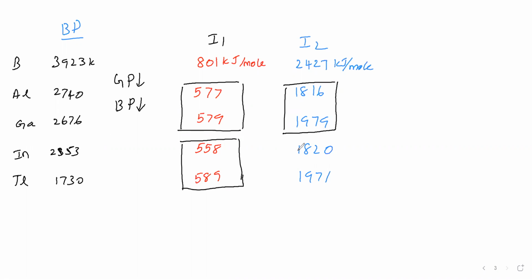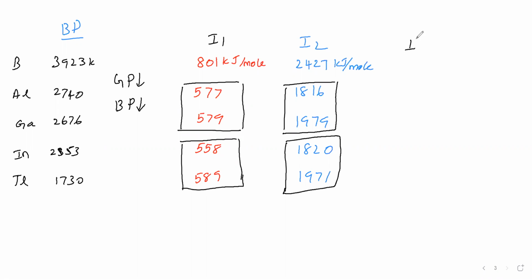Then indium to thallium increases, because in thallium 4f14 shows very poor screening effect.